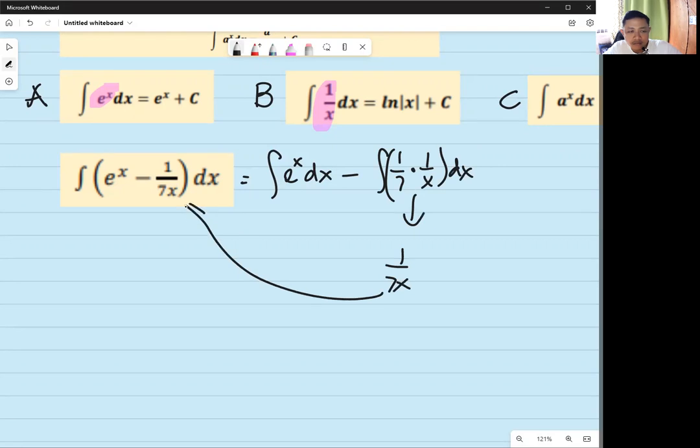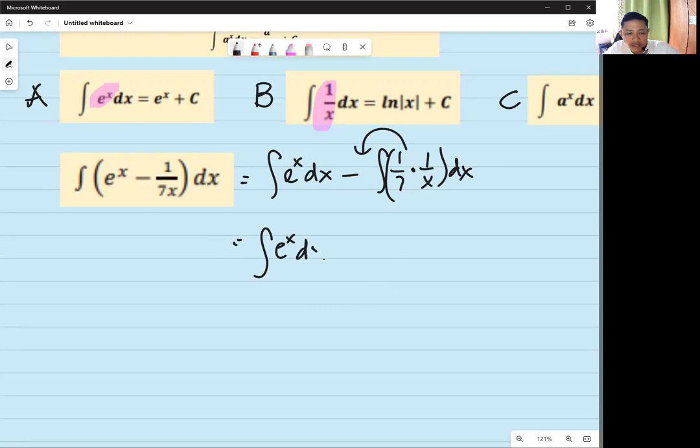So they're the same, we just separated them. Okay? Now, let's continue. Just like what we do, we need to put this out, so it's on a waiting list. So this will become the integral of e raised to x dx. We're just rewriting everything first so that everything will be clear. Minus 1 over 7, the integral of 1 over x dx.